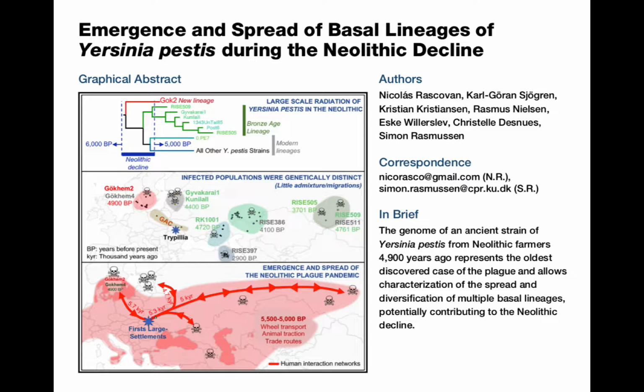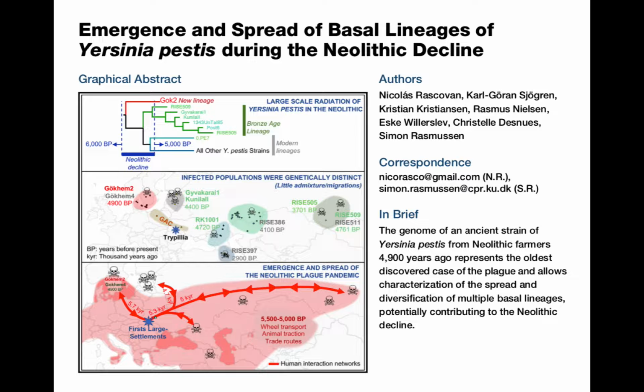And a more recent publication from Rasmussen and Willerslev shows similar kinds of things, but they're now looking back into the Neolithic period and into the Stone Age, and showing that this is going back nearly 5,000 years.